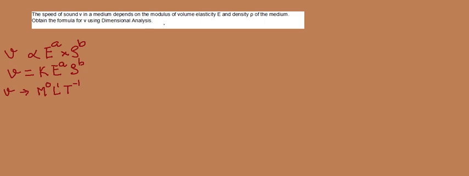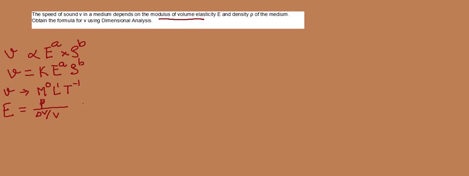What about E? E is modulus of volume elasticity, which is given by pressure divided by change in volume per unit volume, which is basically bulk modulus of elasticity. And if you look at this equation, this denominator is a ratio of volumes, so it will not have any unit, and therefore E will have the unit of pressure.